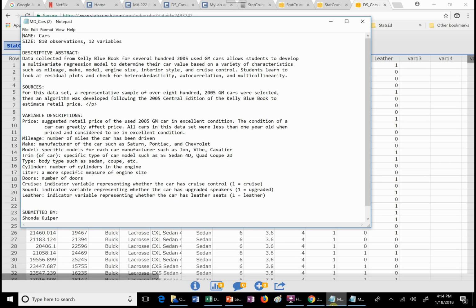So maybe my why here is that I want to understand the relationship: how do these different variables affect price? In other words, what happens when you add leather? How much does the price change?